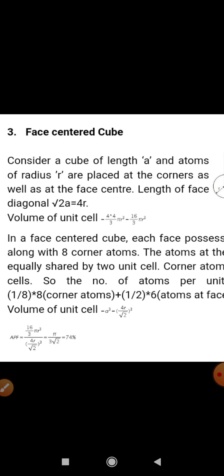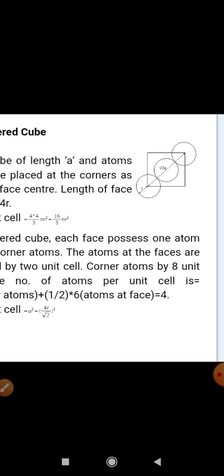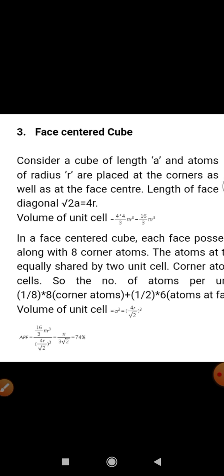That means each face contributes half of the atom. Therefore, how many faces are present? 6 faces. Therefore, 1 by 2 into 6 equal to 3 atoms, and at the corner total 1 atom. 1 plus 3 equal to 4 atoms are present in FCC type of arrangement.